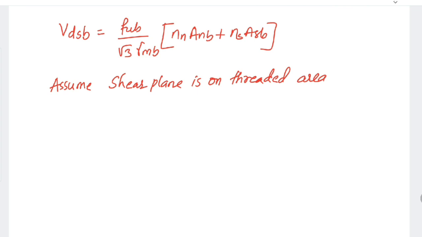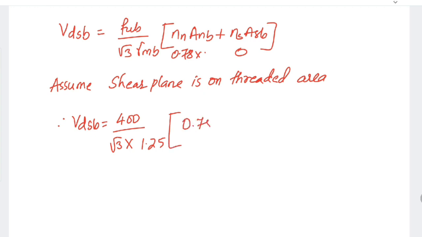Suppose the shear plane is on threaded area. So VDSB is equal to, this portion becomes 0, and then 0.78 into area of the bolt. So FUB 400 divided by root 3 into gamma MB 1.25 into bracket, n_n 0.78 into A_nb, that is pi by 4 into 20 square.